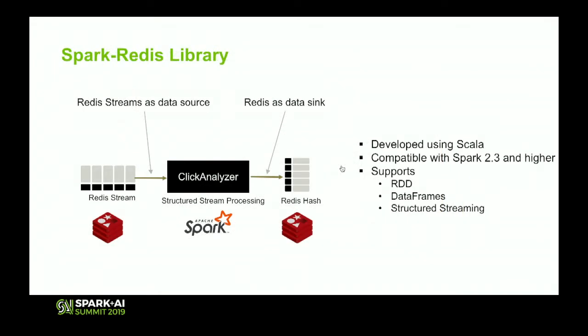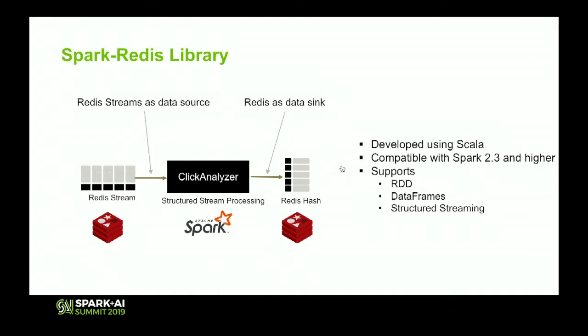Okay. Now, how can you have Spark connect to Redis stream? I'm sure you have been asking about this. Many of you have thought about this. So there is a library called Spark Redis Library. And guess who sponsors this open source project, Spark Redis Library? It's Redis Labs, right?